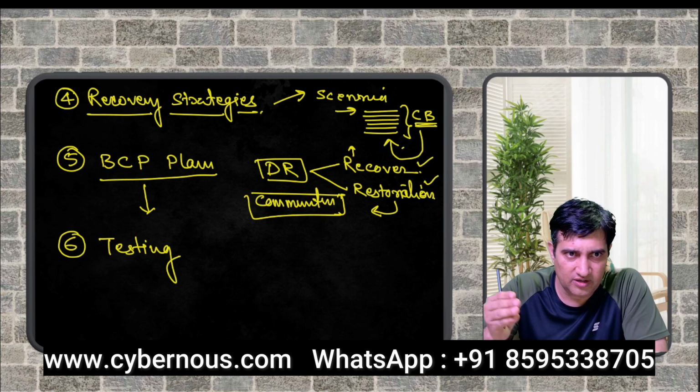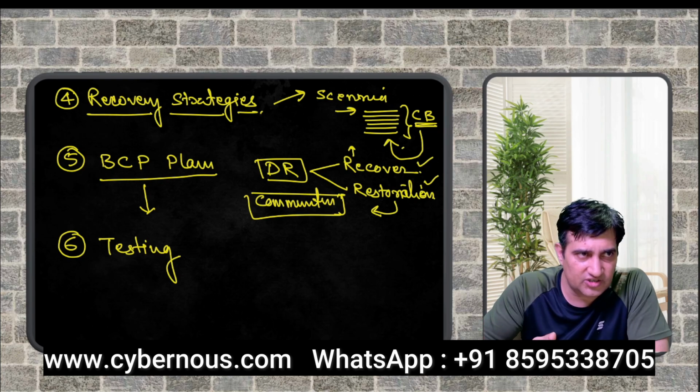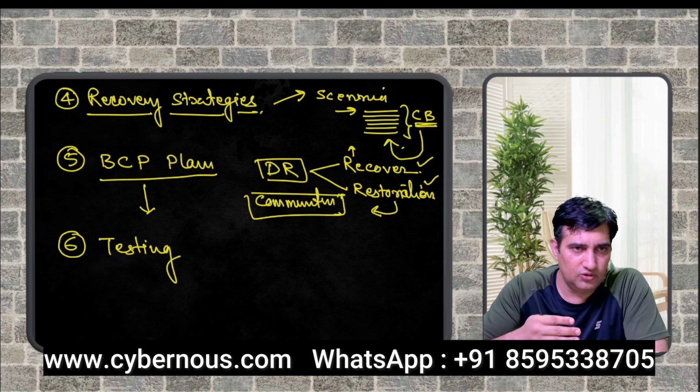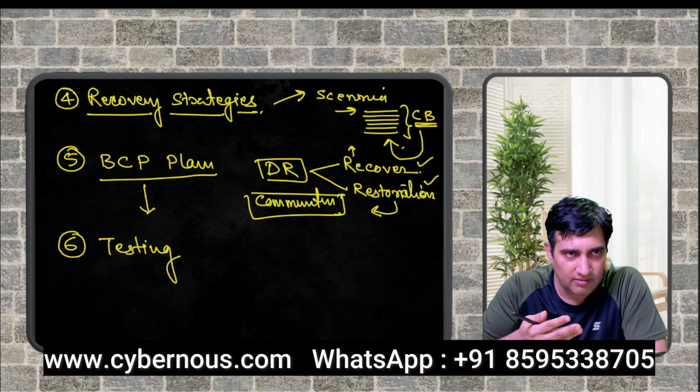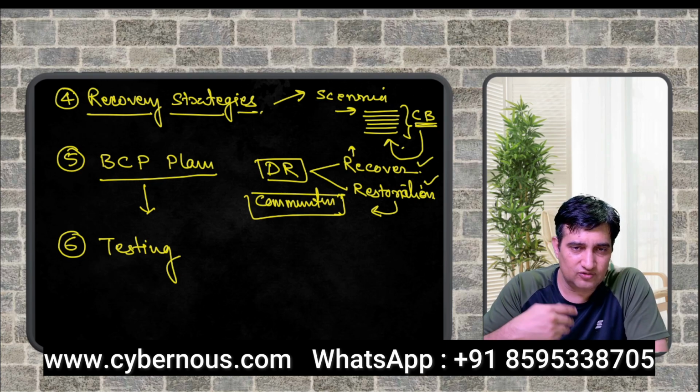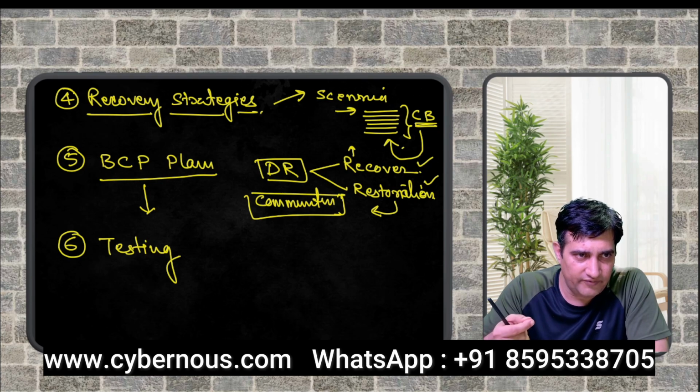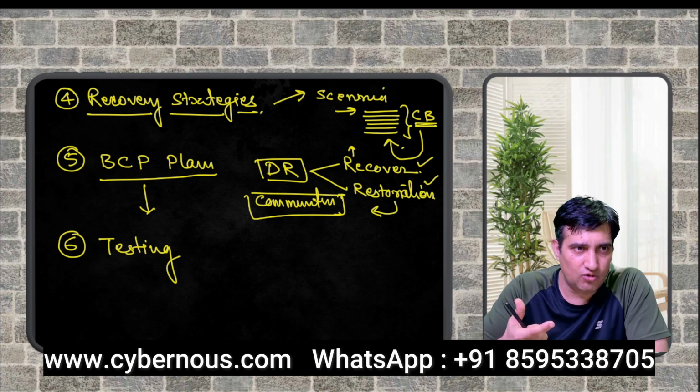You never know what the gaps are, because it's just a document. You cannot have disasters at will. So you try to create some kind of testing or contingency exercises to actually take control of it.